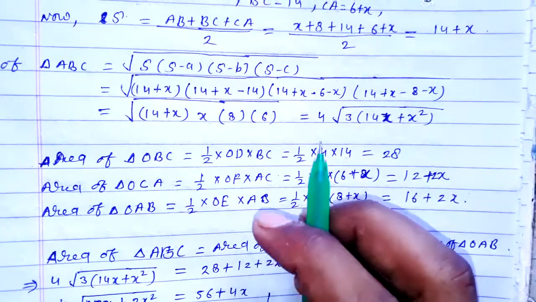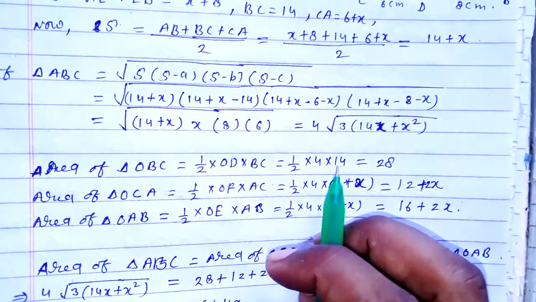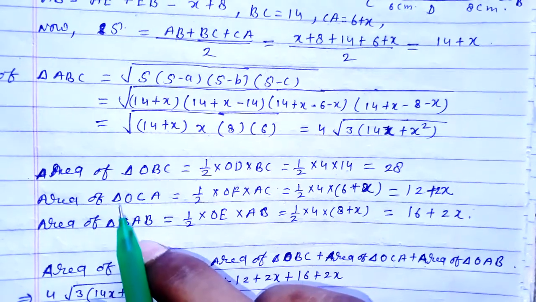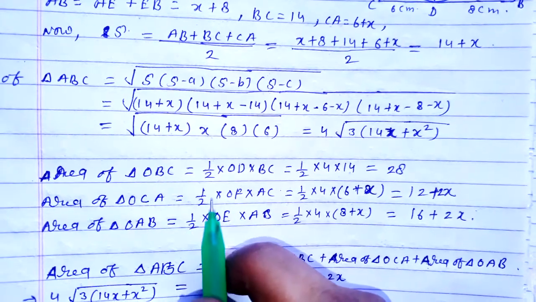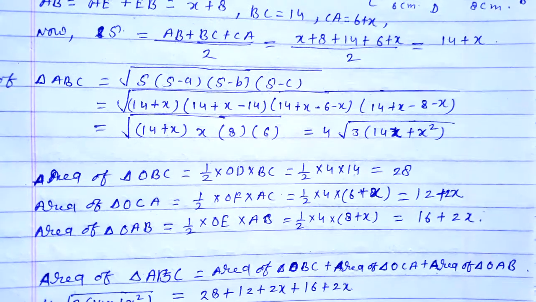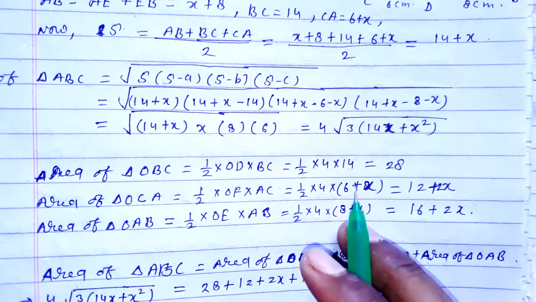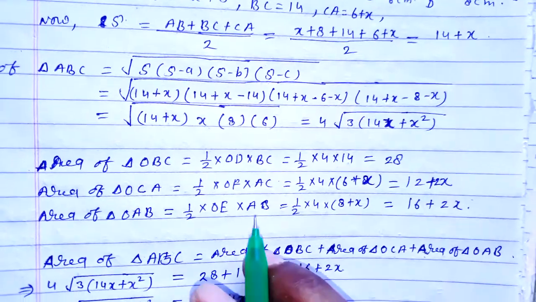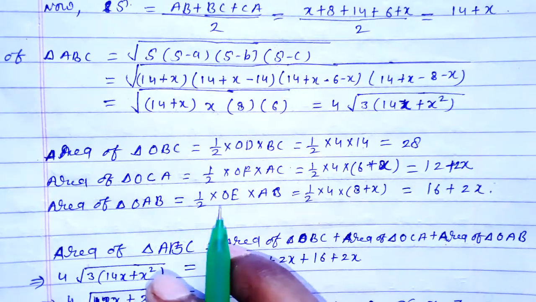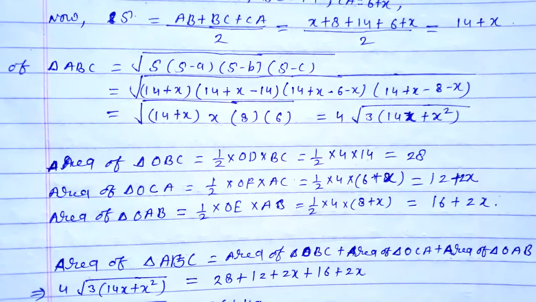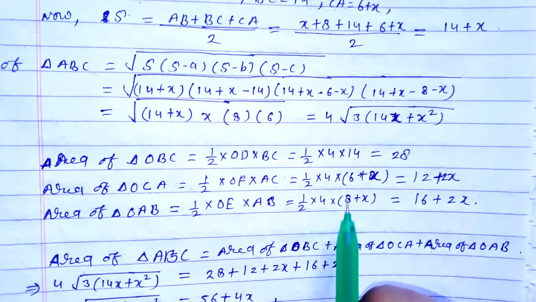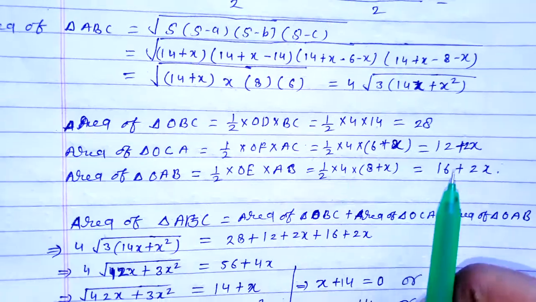So 1/2 times 4 times 14 is 28. Same for triangle OCA, with the same formula 1/2 times height times base: the height is 4 and the base is 6 plus x, total 12 plus 2x. Same for OAB, the height is 4 cm but the base is 8 plus x, so this is 16 plus 2x.